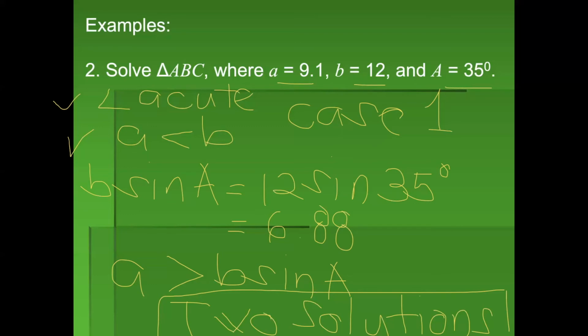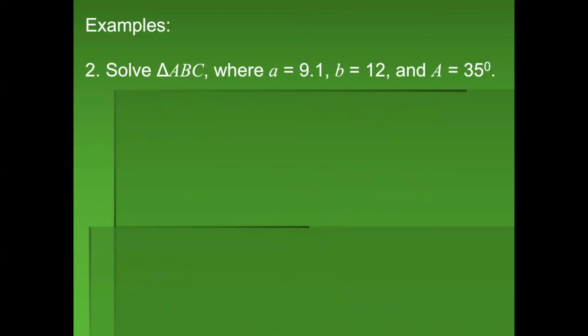Let us show the two possible solutions, two triangles. Let's start showing the first triangle. So let's write here first solution.